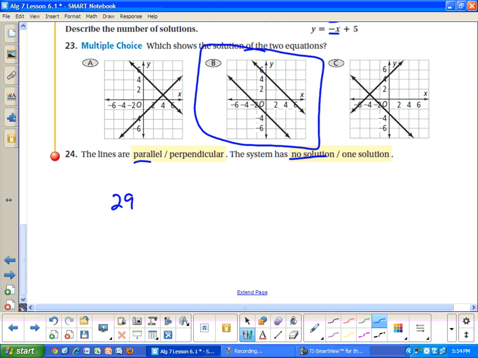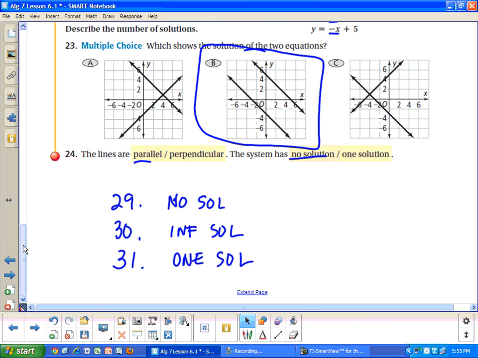You have that in yours, and 29, inconsistent, goes with no solution. Number 30, consistent and dependent, that means infinite solutions. And number 31, consistent and independent, means one solution, exactly one solution. All right.